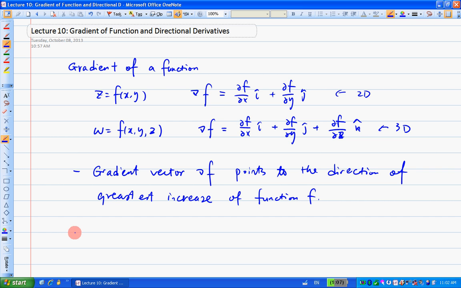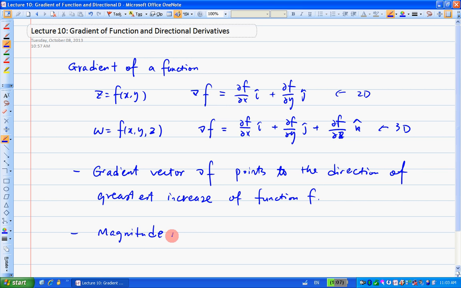Okay, so that's number one. Basically, this vector gives you a direction, and the direction it points is the greatest increase of this function f.